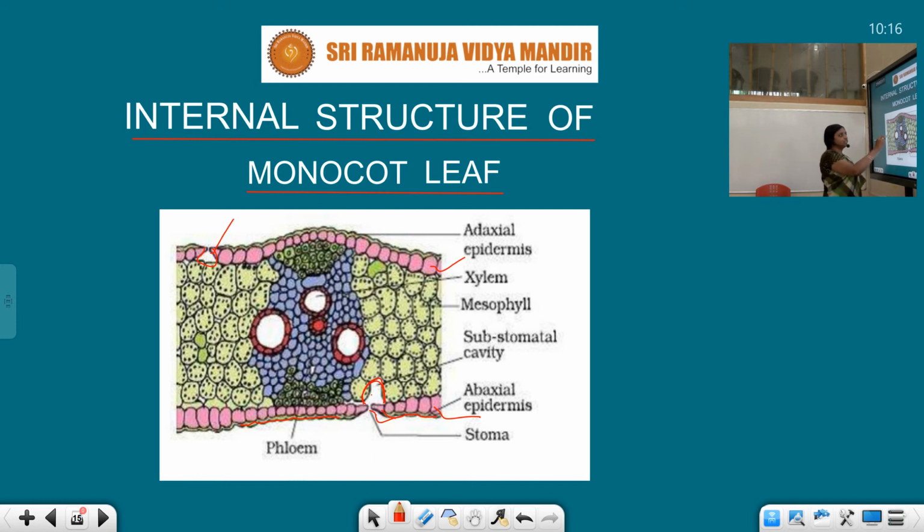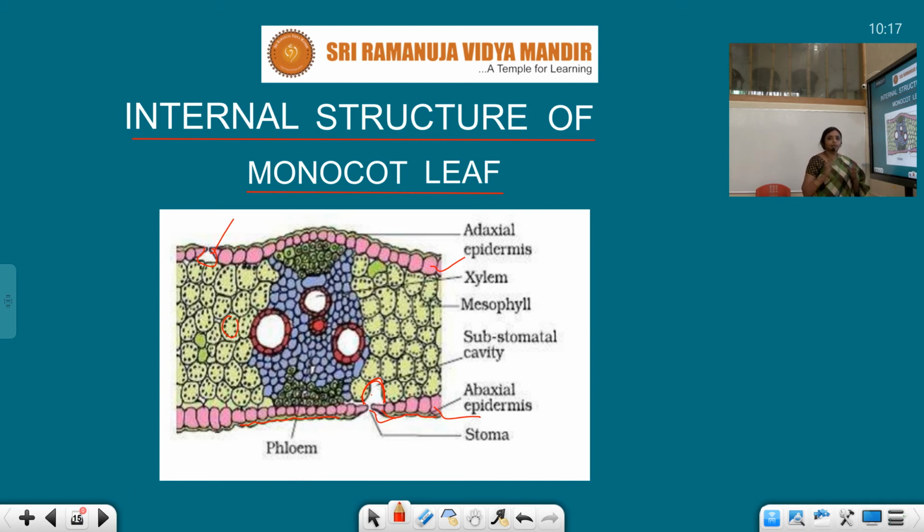And if you see the mesophyll cells, they are not distinguished into palisade and spongy parenchyma. This is the difference between dicot and monocot leaf. First, the stomata are present on both epidermal layers. The second point is that mesophyll cells are not distinguished into palisade and spongy tissues.